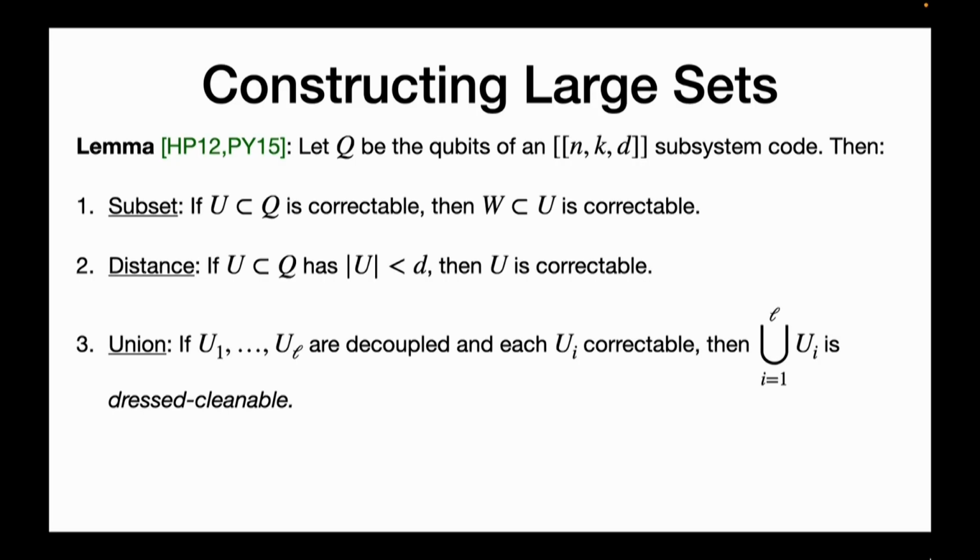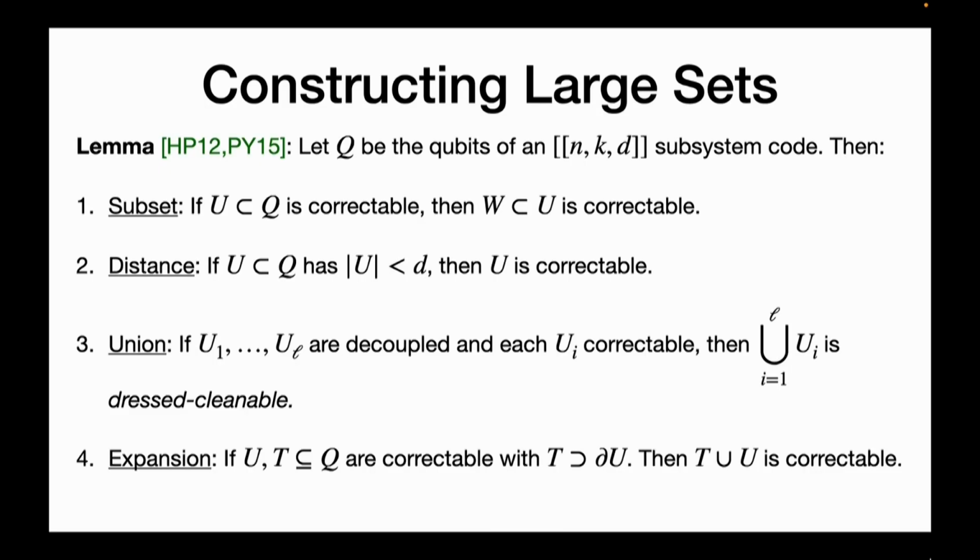The third property is called the union lemma, and it says that if we have a set of decoupled correctable subsets, where decoupled just means that the subsets are disjoint and disconnected, meaning they don't interact, then their union is dressed cleanable. This is a way of taking individual correctable sets and combining them together to get an overall bigger set.